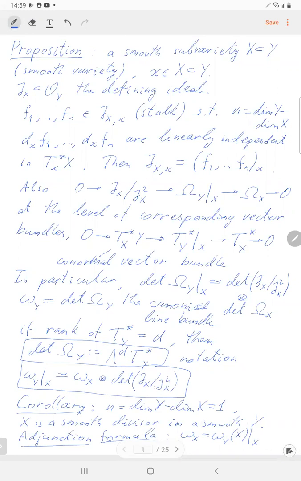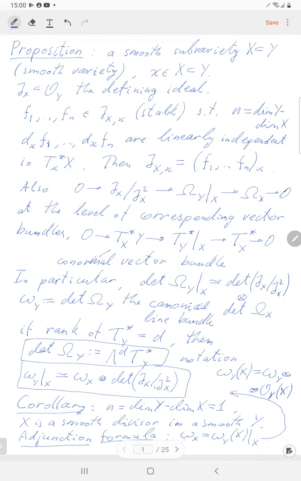When I write omega Y of X, it's a line bundle, omega Y tensor O_Y of X. If you remember from last year, each Cartier divisor, in particular a smooth divisor in a smooth variety, gives rise to a line bundle: the line bundle of rational functions having a pole of order at most 1 along this divisor.